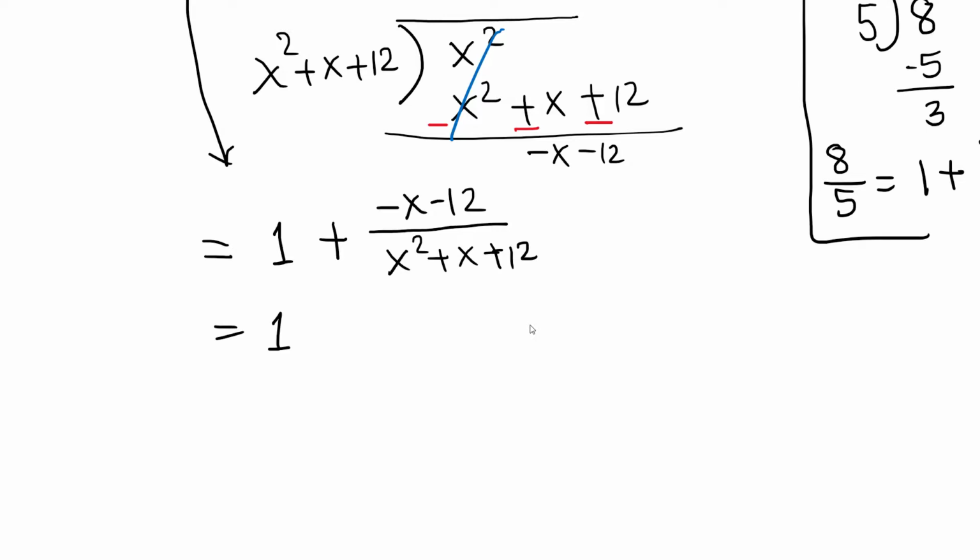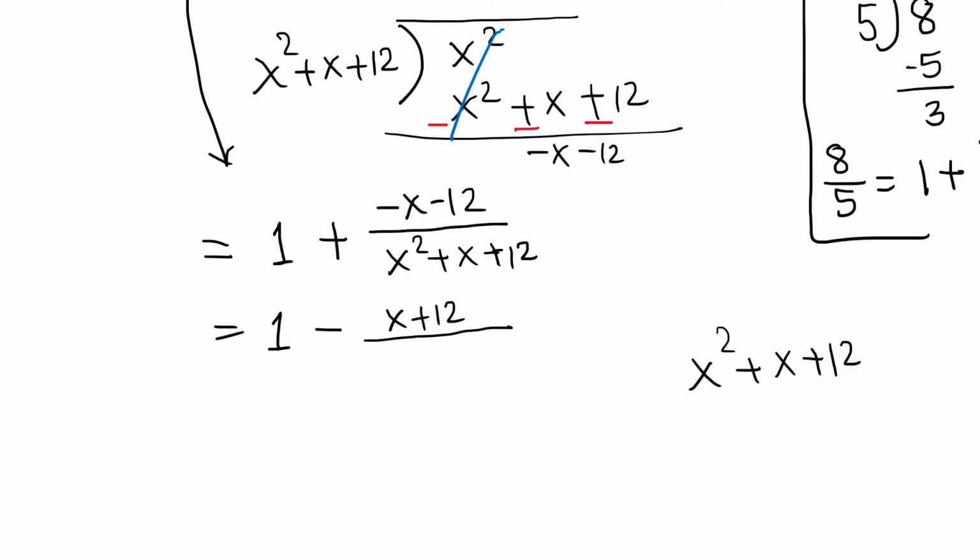That negative factored out multiplies with positive, negative, and this is x plus 12 because I factored negative out. The bottom is x squared plus x plus 12. Does it factor? Okay, I'm going to rewrite again: x plus 12 over x squared plus x plus 12.